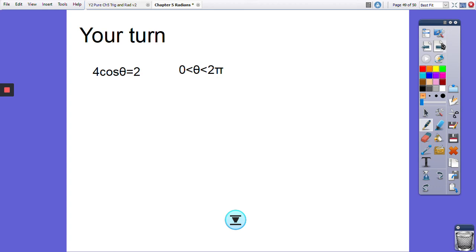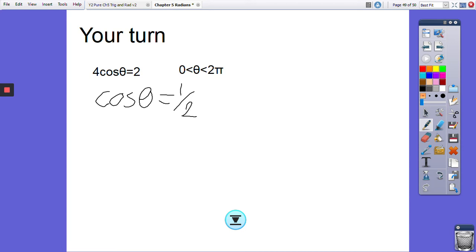Okay, you should have restarted the video now after trying to solve that equation. Let's have a look at how we're going to do it. The first thing that we're going to do, which I hope you did, was rearrange this so that you get cos theta equals 2/4, which is a half.